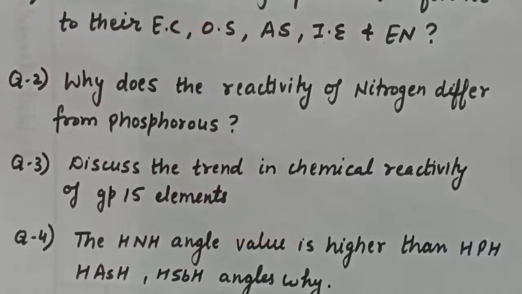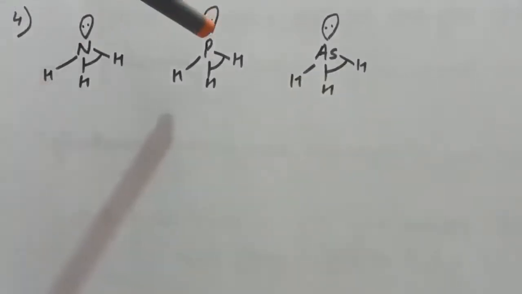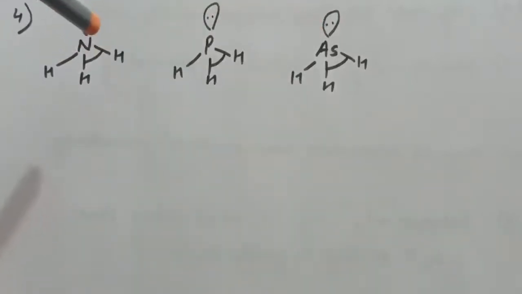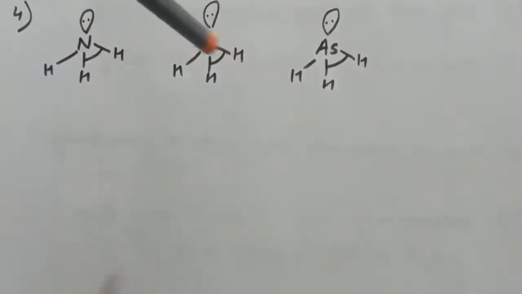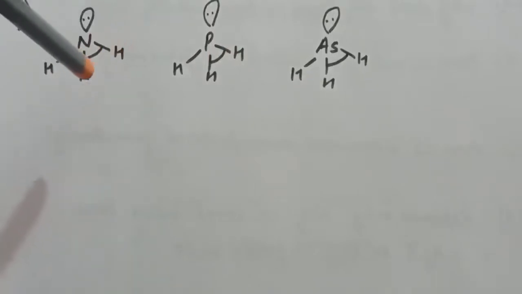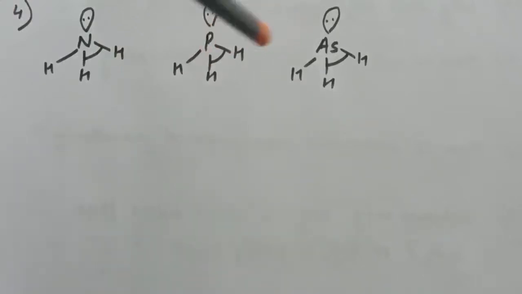Why? And the answer of this question is, when we move from nitrogen to phosphorus and from phosphorus to arsenic, the size of the central atom increases, and therefore these hydrogens will lie away from each other when the size of the central atom increases.